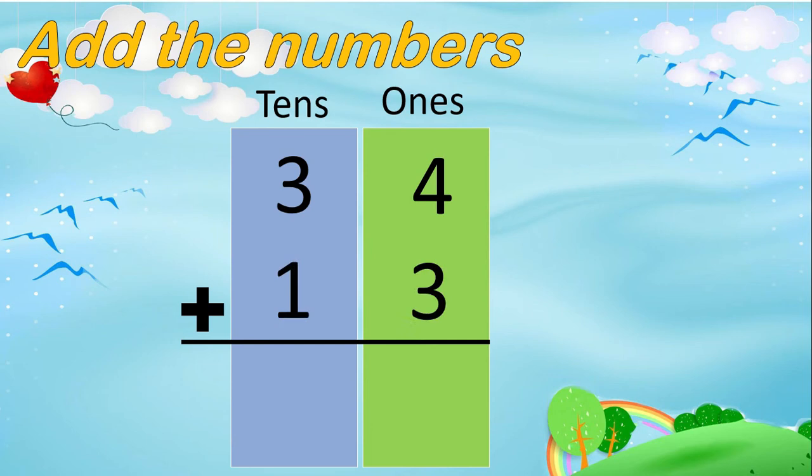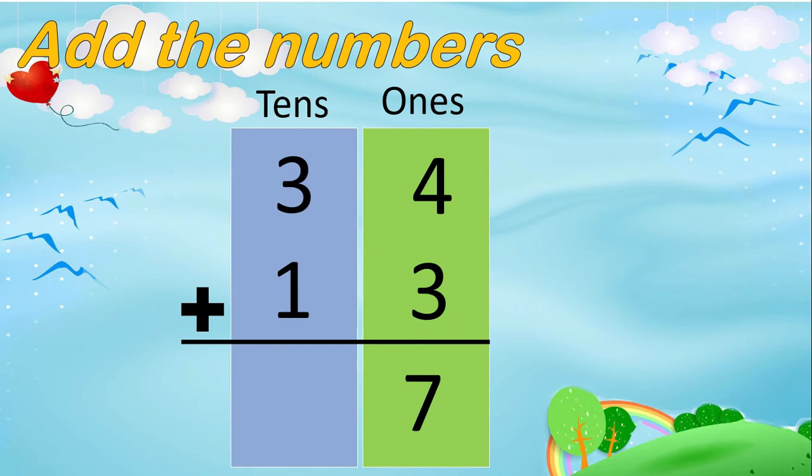Then the other addend is 13, 1 in the tens place and 3 in the ones place. Since we have now gathered all the addends, what's the sum of these numbers? Always remember, start adding in the ones place. So 4 plus 3 is equal to 7.